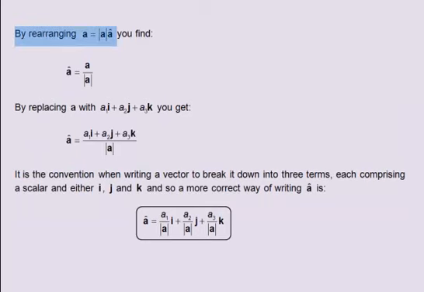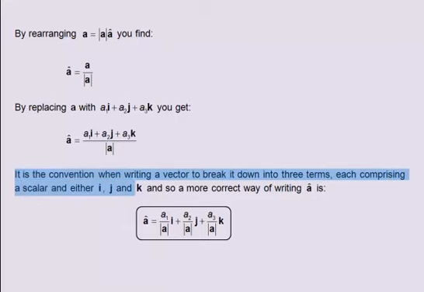By rearranging A equals the magnitude of A multiplied by A hat, you find A hat equals A divided by the magnitude of A. By replacing A with A1i plus A2j plus A3k, you get A hat equals A1i plus A2j plus A3k, all divided by the magnitude of A. It is the convention when writing a vector to break it down into 3 terms, each comprising a scalar and either i, j or k.